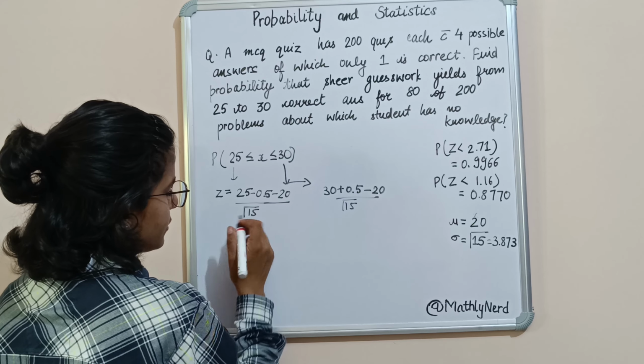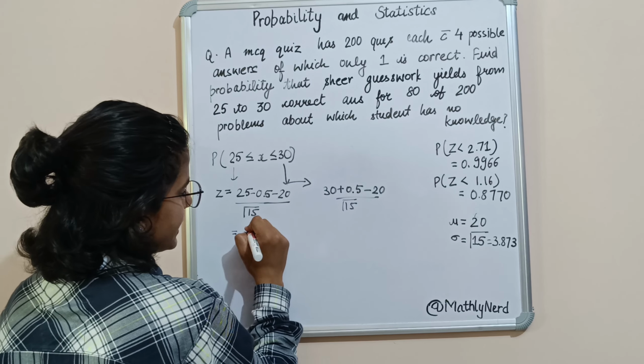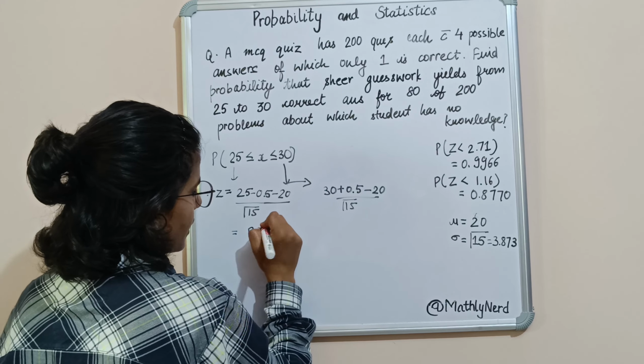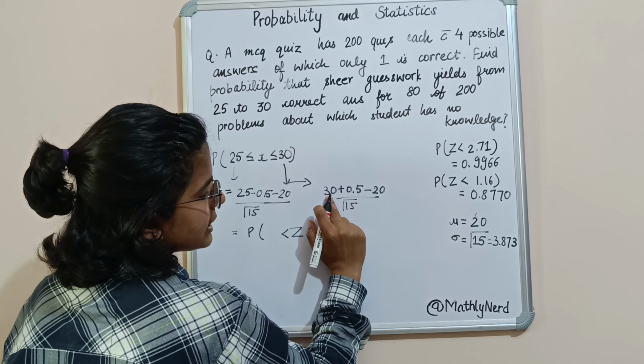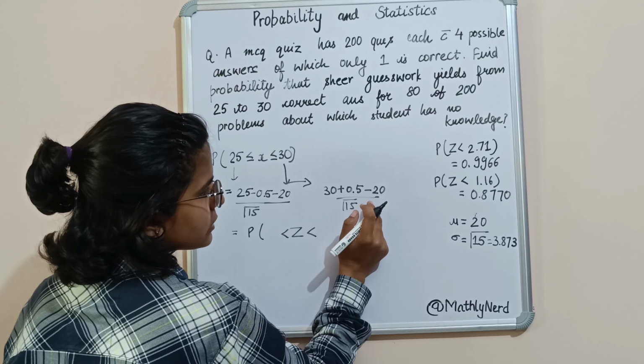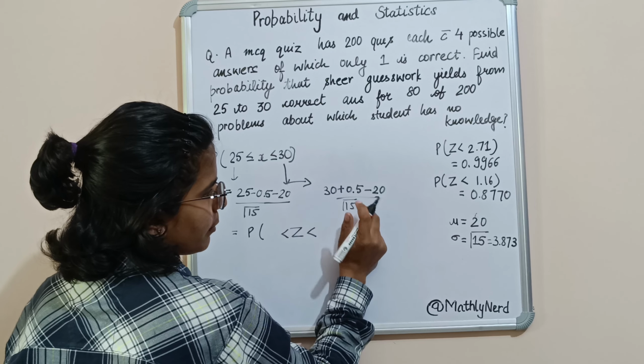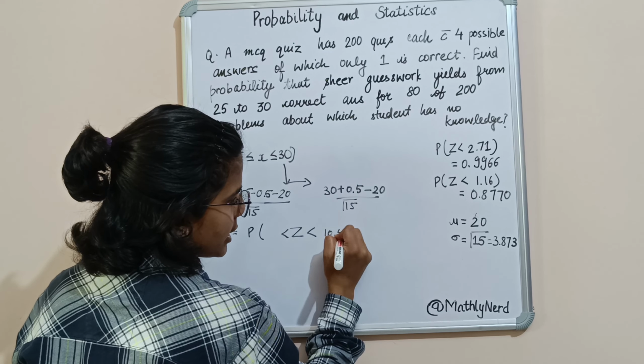So this will be equal to the probability of 25 minus 0.5 minus 20, which equals 4.5 divided by root 15, less than or equal to z less than or equal to 30 plus 0.5 minus 20, which equals 10.5 divided by root 15.